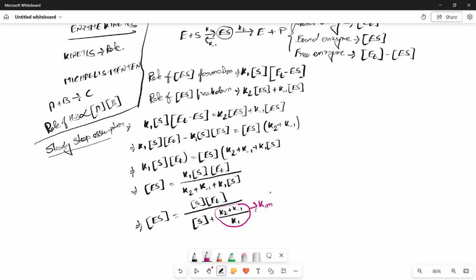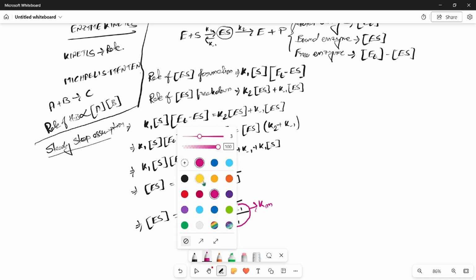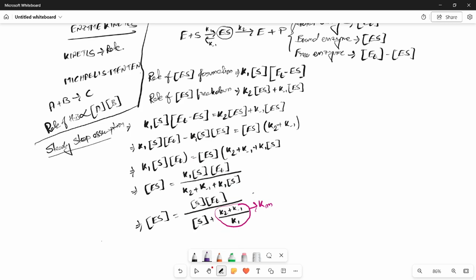So let's change the color. The equation will be like this: ES equals S times E total divided by S plus Km.